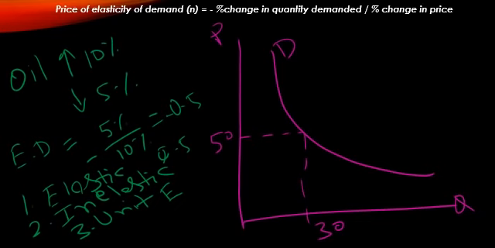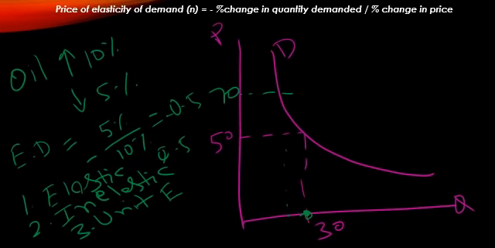Now if the insulin price is increased to, let's say, 70 rupees, do you think the quantity will reduce? It will not, because you do not have any substitute for insulin. So the demand will still remain at 30, even after increasing the price. The reason is that there is no substitute.